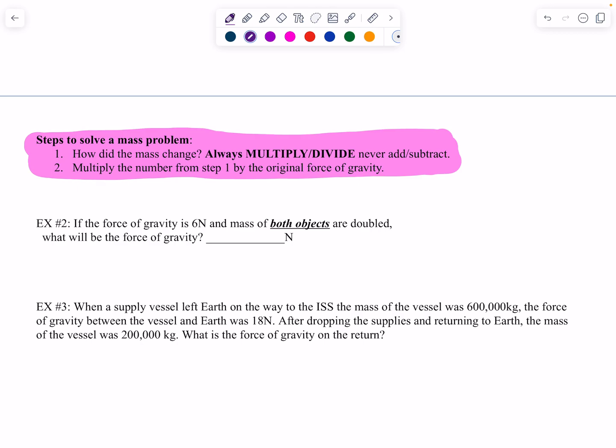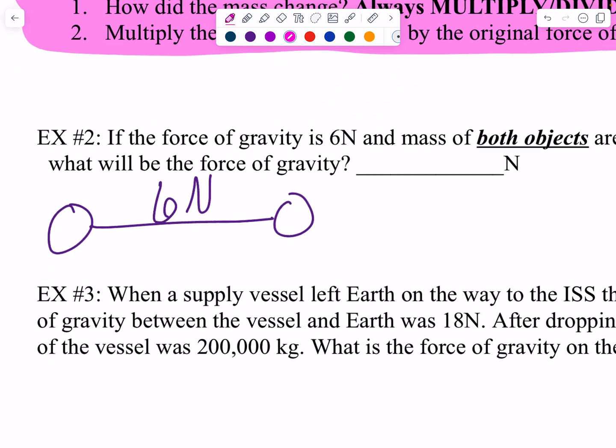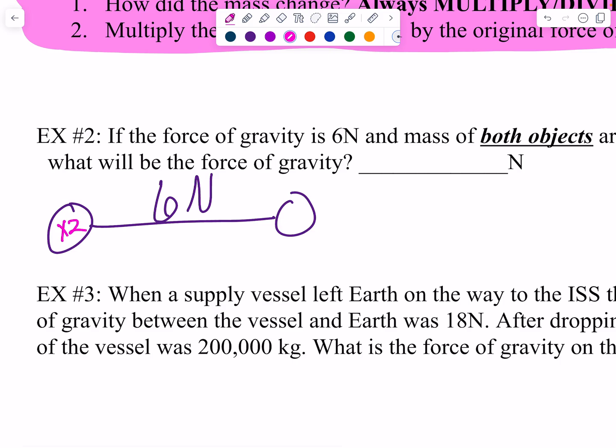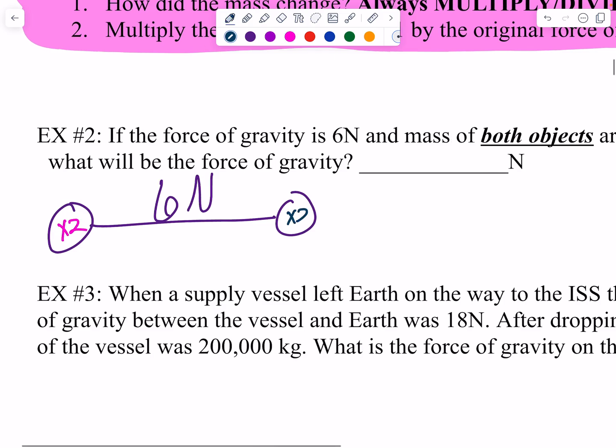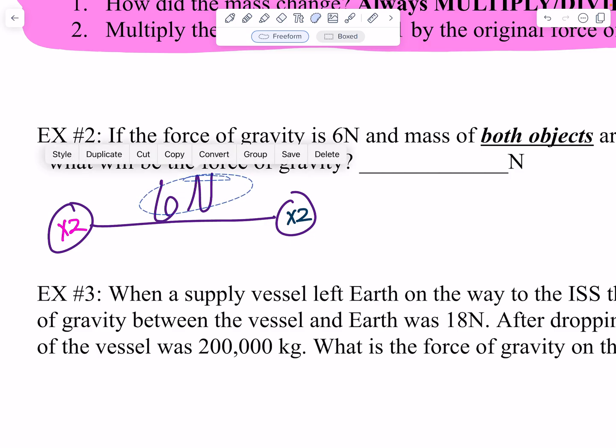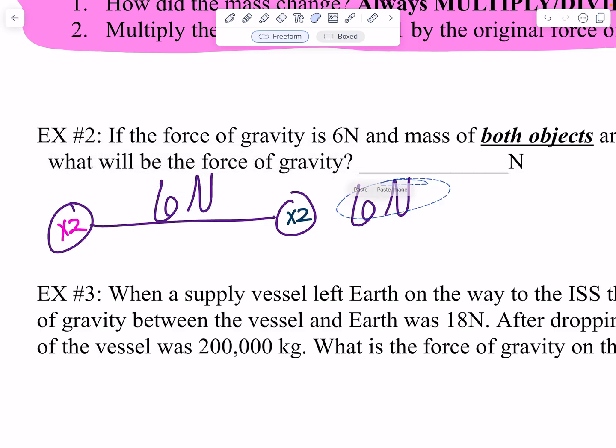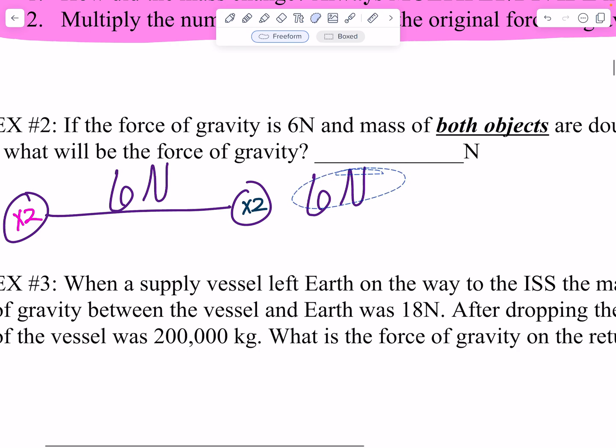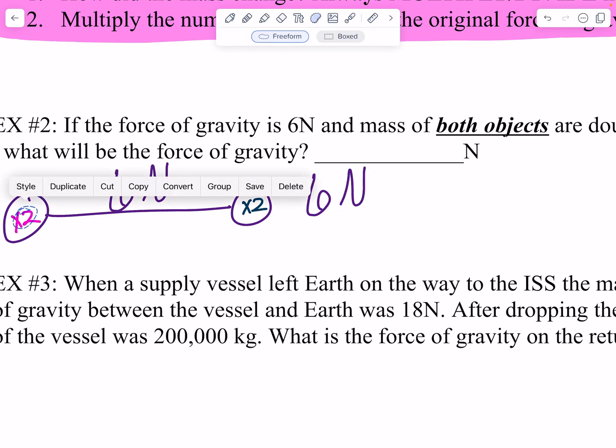So let's give it a shot. It says the force of gravity between 2 objects is 6 newtons, and the mass of both objects is doubled. So I'm going to multiply this one times 2, and I'm going to multiply that one times 2. I'm going to grab this original force of gravity and multiply it by 2.